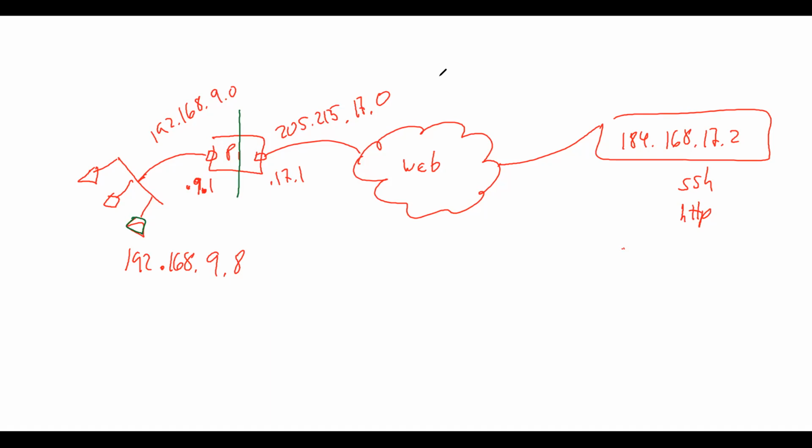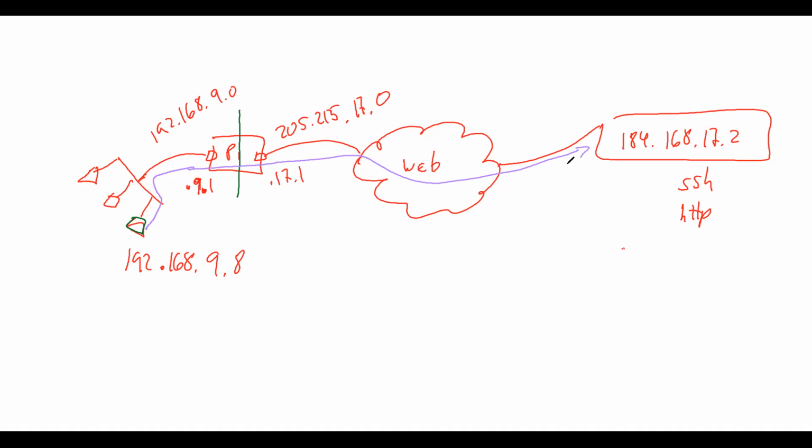For a communication coming from here, SSH, actually all communications, would go through here, through the cloud, all the way over there. We want to block for all services, SSH, web, whatever it is.